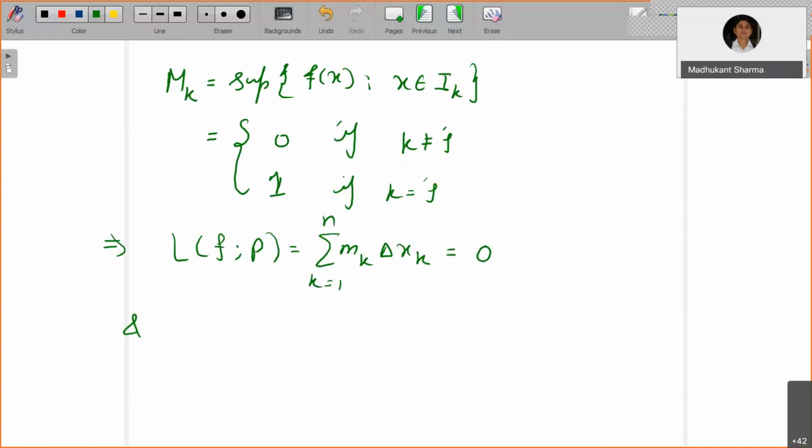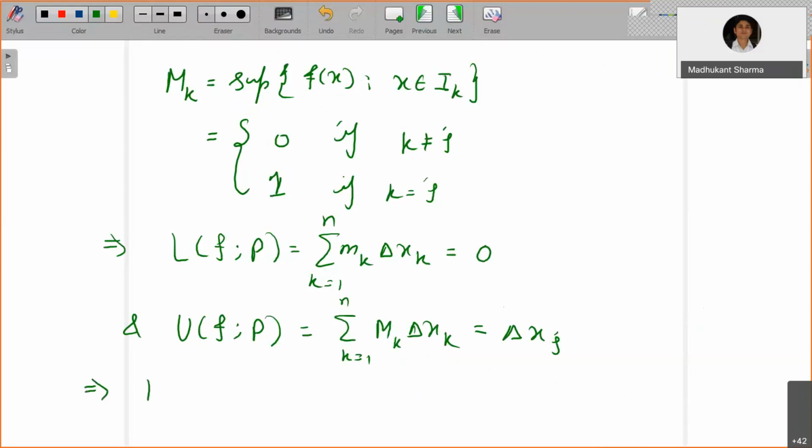About U(f,P): it is the summation k equals 1 to n of Mk times delta xk. Now Mk is 0 if k is not equal to j, and it is 1 if k equals j, so that is equal to delta xj. So L(f,P) is 0, and certainly that implies L(f) is going to be 0, the supremum of the zeros.